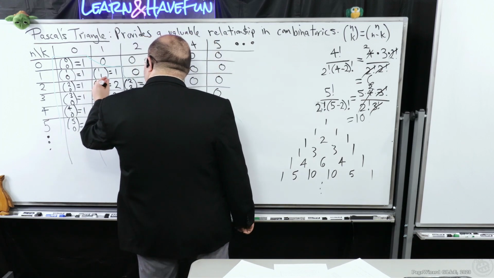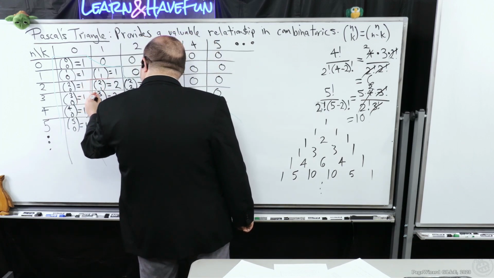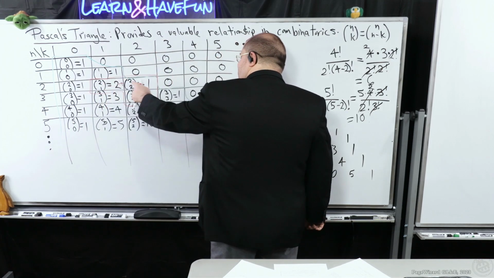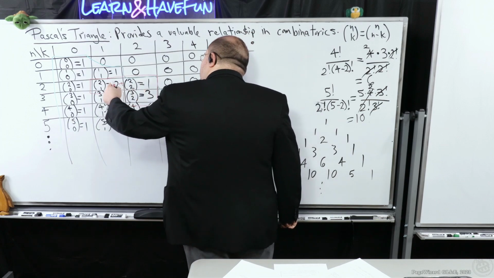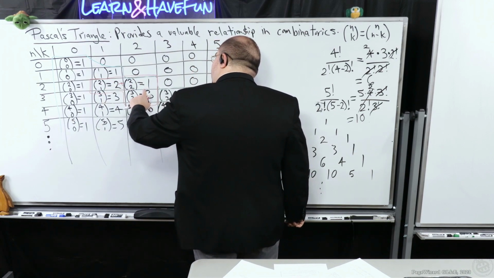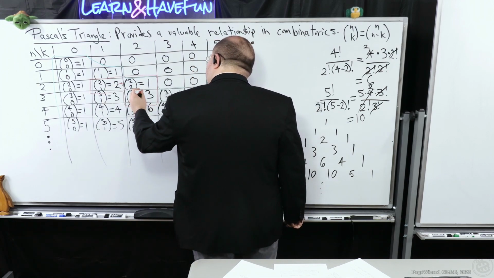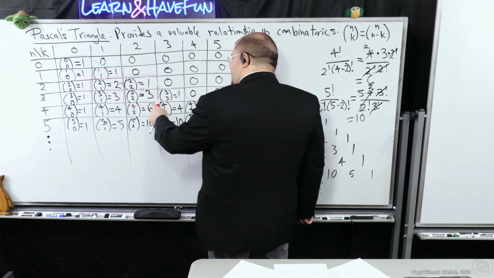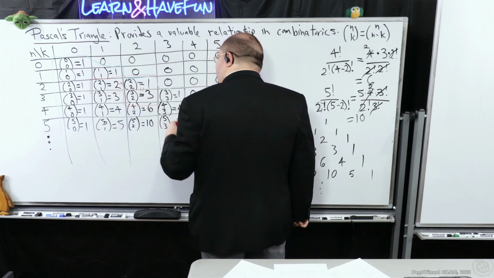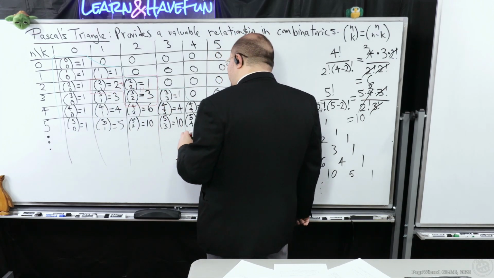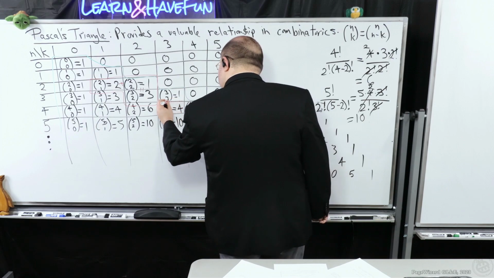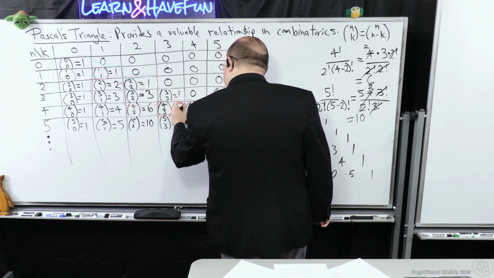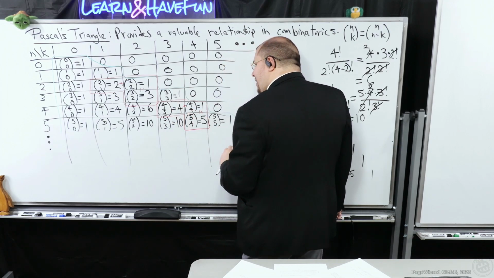So please notice that if I add the result immediately up to the left and the one directly above it, it equals whatever is in that spot. So notice that 3 is equal to 2 plus 1. Interesting, right? You do the same thing here. So it's 4 plus 1 is equal to 5.